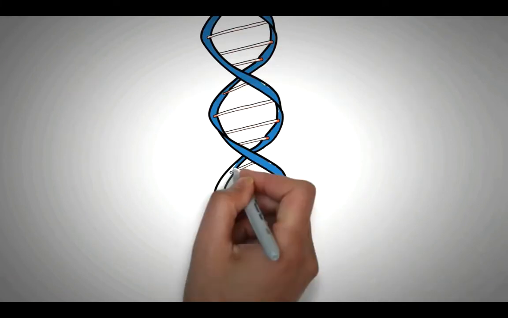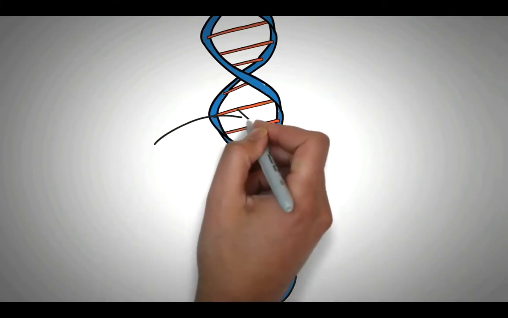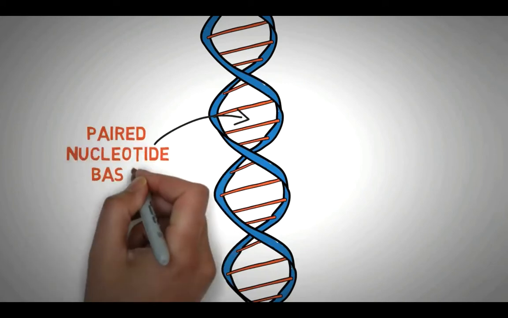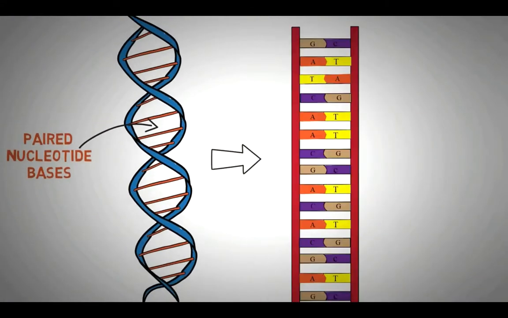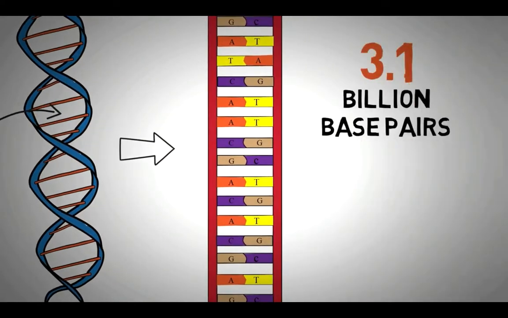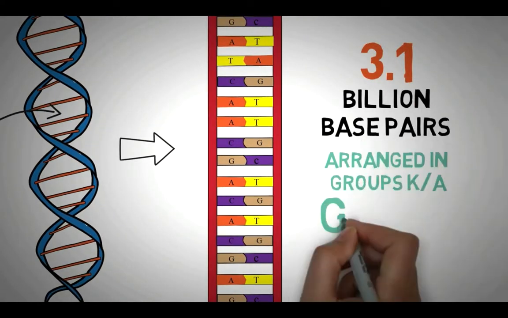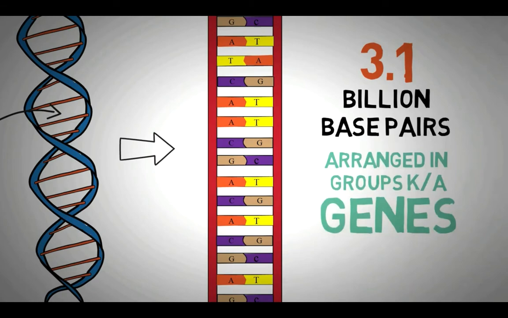As most of you may know, our DNA is made up of thousands of nucleotide bases which are paired, and these are the basic units of DNA. The human DNA contains over 3.1 billion such base pairs. These base pairs are arranged in groups known as genes.